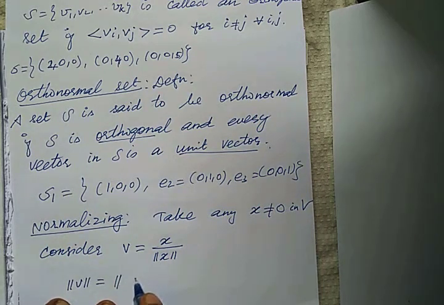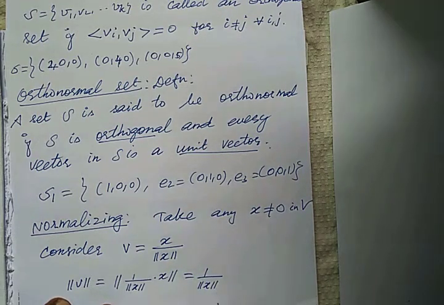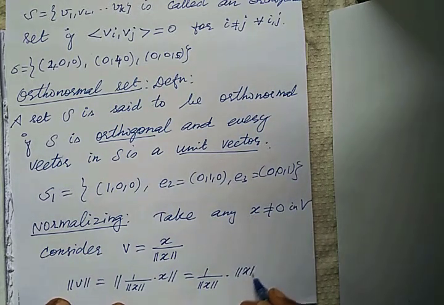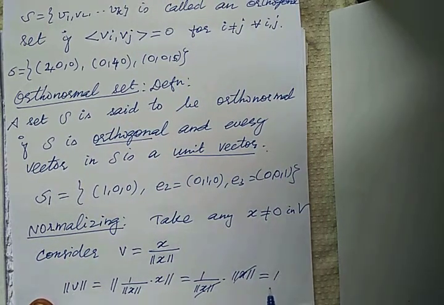Norm v is the norm of 1 by norm x into x. It's just a number, right? So norm of c x is equal to modulus c into norm x. Here this is non-negative, so we don't need the modulus. These two cancel, we get 1. So norm v is 1.